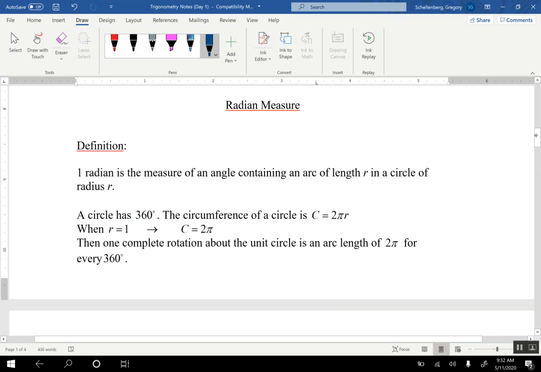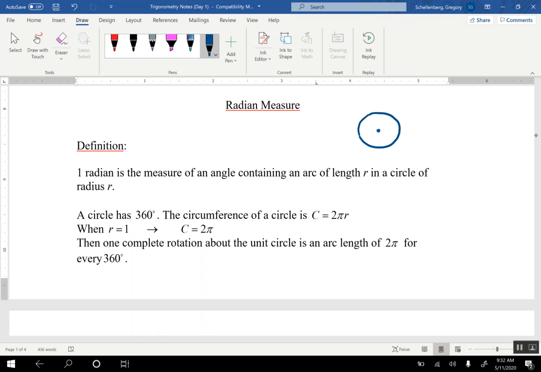Radian measure. So we are used to working with degrees. What is a radian? So the definition of a radian: one radian is the measure of an angle containing an arc of length r in a circle of radius r. So let me try and diagram that for you a little bit here. Okay, so here's our circle.